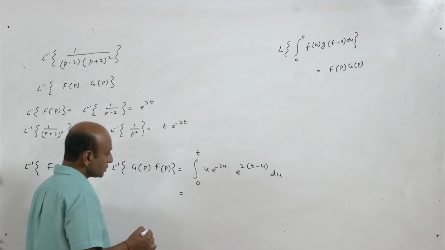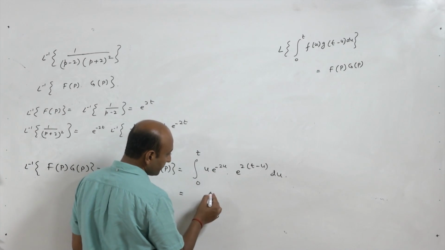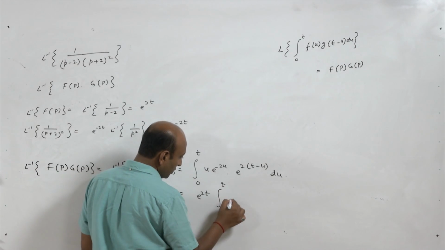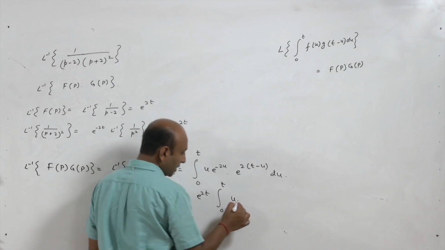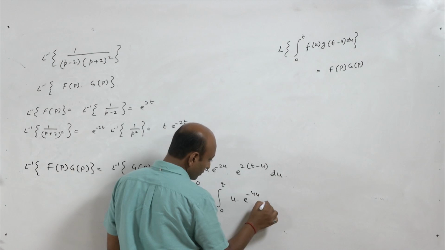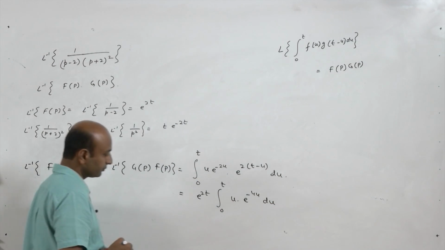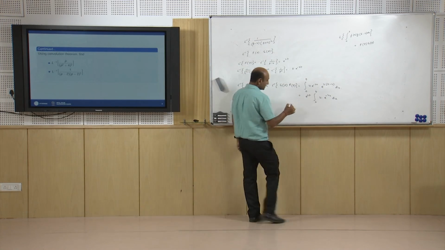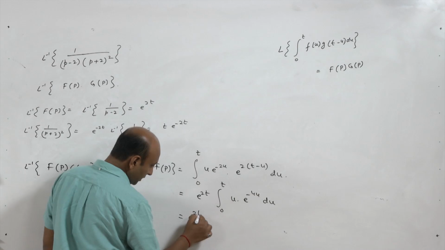Okay. So, this will be nothing but e to the power 2t will come out. So, it is integral 0 to t u into e to the power minus 4u du, and now you will apply integration by parts. So, it is nothing but e to the power 2t.